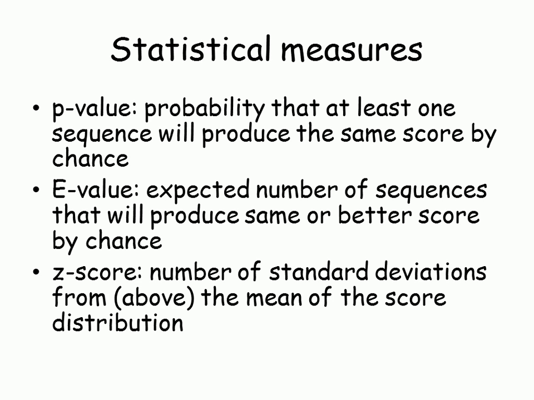And z-score is the number of standard deviations. So considering a Gaussian distribution, a normal distribution, you look at how different from the mean of the distribution the given score is. So that's the z-score, the number of standard deviations from the mean.